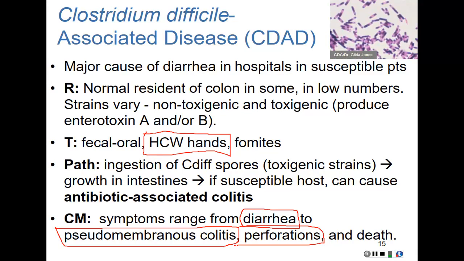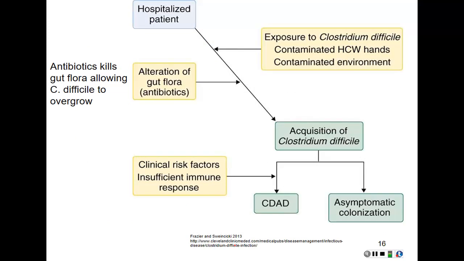So there's quite a variation of what could be what we are calling here C. diff-associated disease. I saw this diagram, and I thought I'd include it in our notes. It's not from your textbook. But basically, let's say that you're just some random hospital patient.